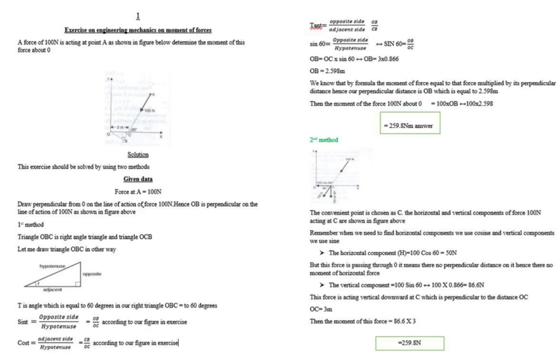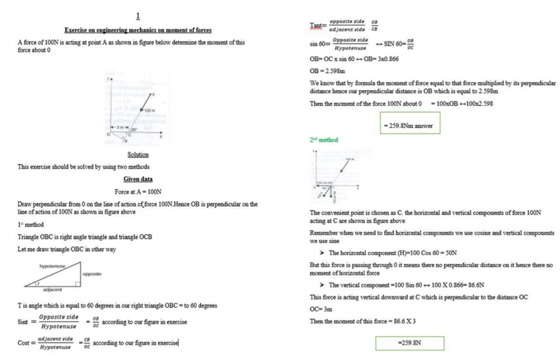There is also a second method you can use to calculate this exercise. Let us find the moment of force by using the second method. We know the convergent point is shown as C. We take the horizontal and the vertical components of the force 100 Newton acting at C as shown in the figure above.